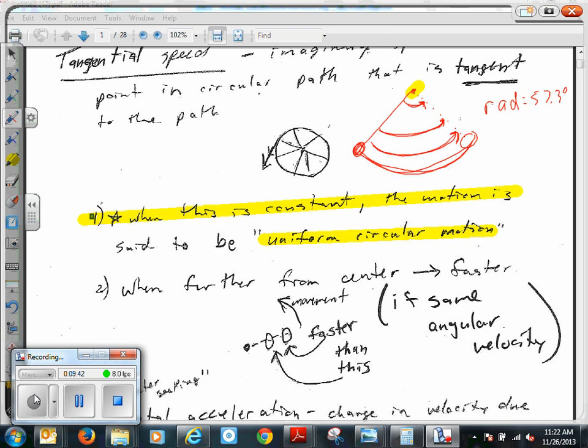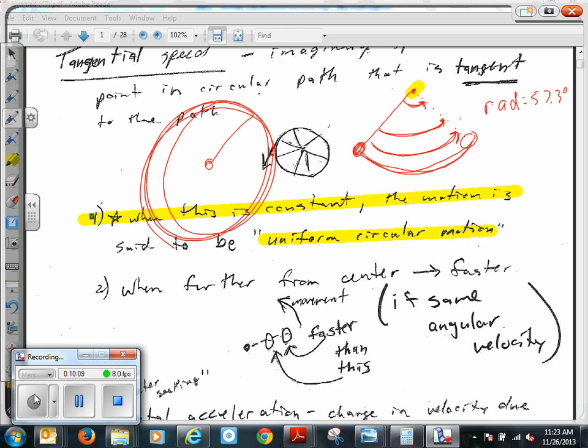So the change of the angle is constant. If I have something that's moving with a uniform circular motion, it'll also have a constant change in angle, or angular motion. Does that make sense?